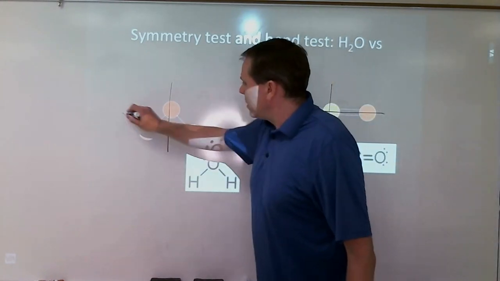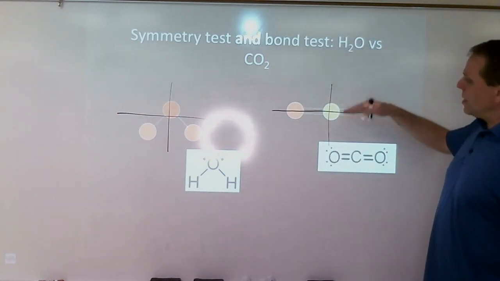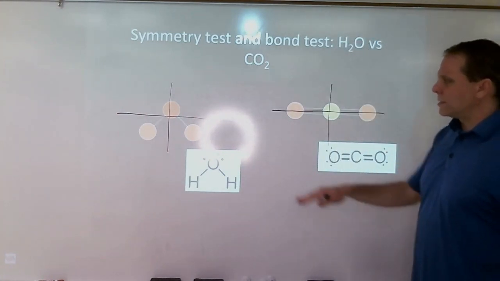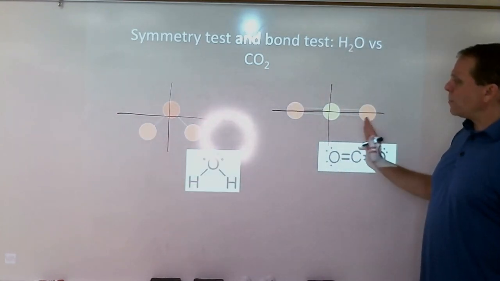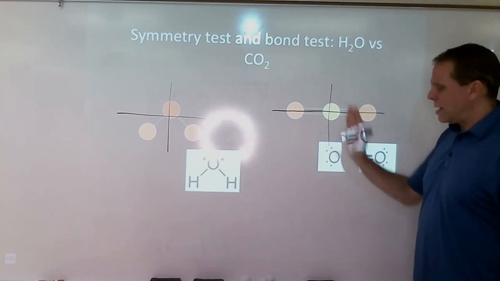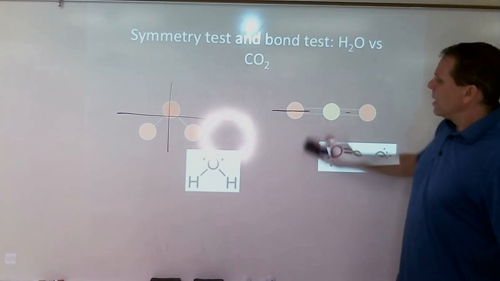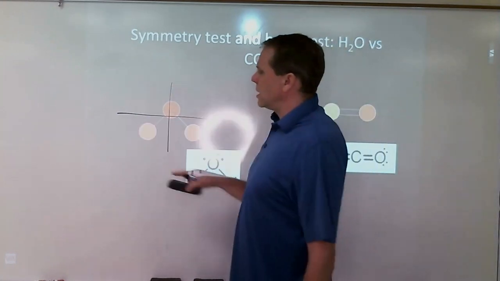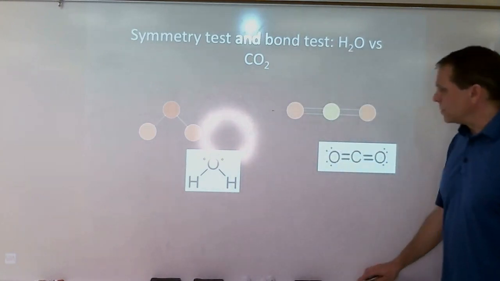A little line here, a little line here. Now, do I have the same thing in these quadrants? Oh, not in that one for sure, right? And so if I can apply the symmetry test and it passes the symmetry test, then I can say, hey, you are non-polar. And if it does not pass the symmetry test, I can say, hey, you are polar. Got it? That's a symmetry test.